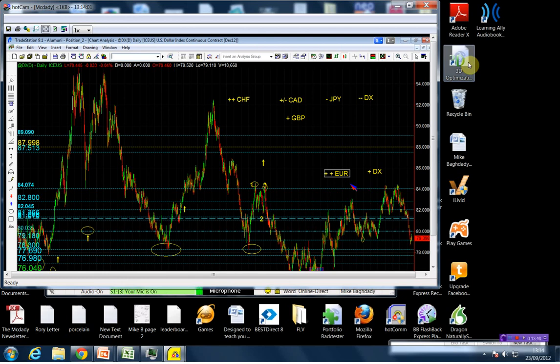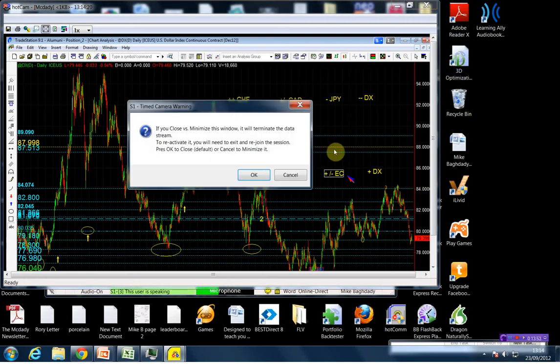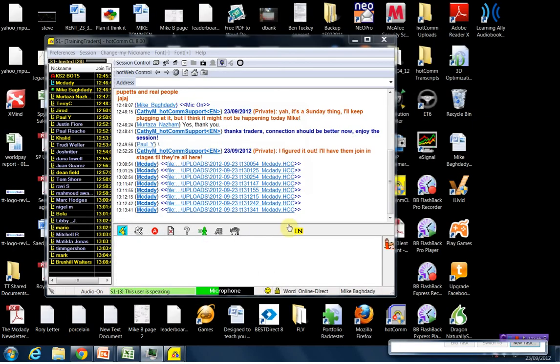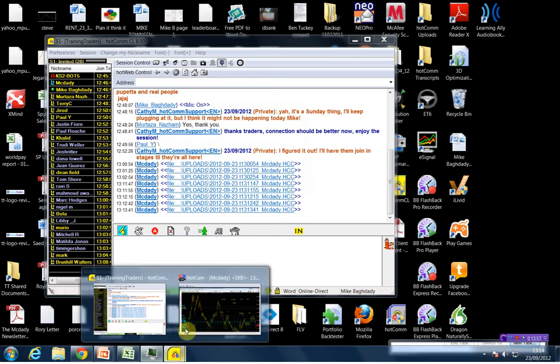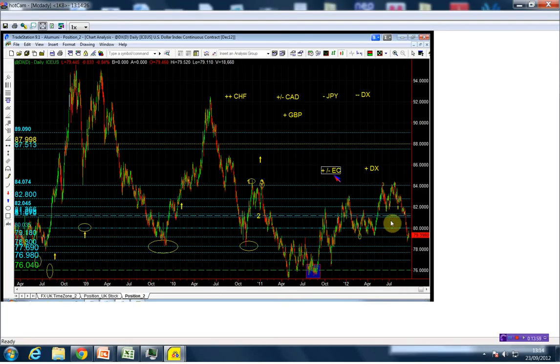It's going to be plus or minus slightly strong. So we're going to be neutral to positive, but our bias is still to the upside in the euro. The next one we're going to look at, which we did actually partially look at, which is the British pound, and I'm going to do that so I can remind you of it.